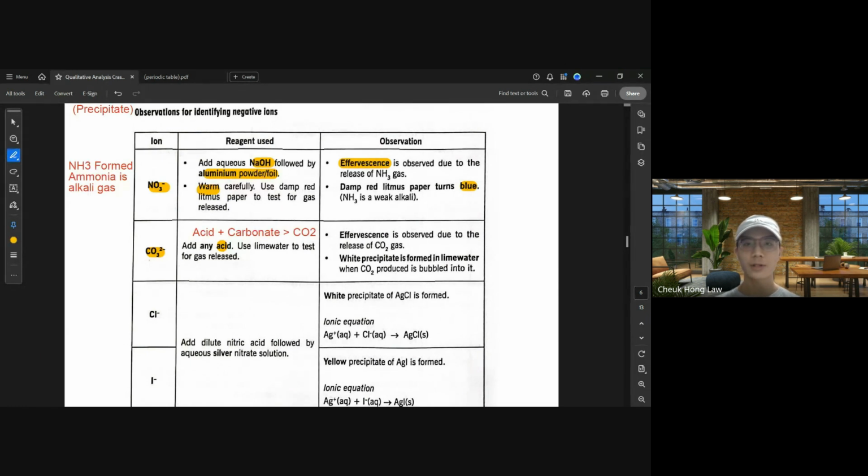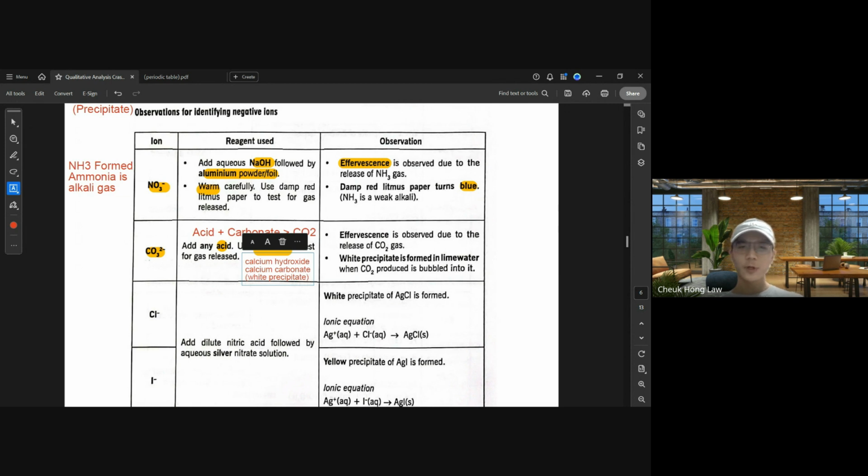To test for carbon dioxide, we use lime water. If you didn't know, lime water is actually calcium hydroxide, which is very important. Calcium hydroxide reacts with carbon dioxide to form calcium carbonate, also known as the white precipitate.